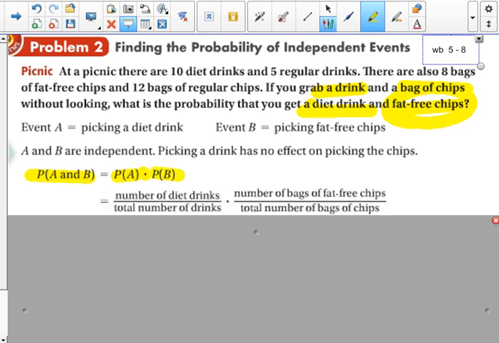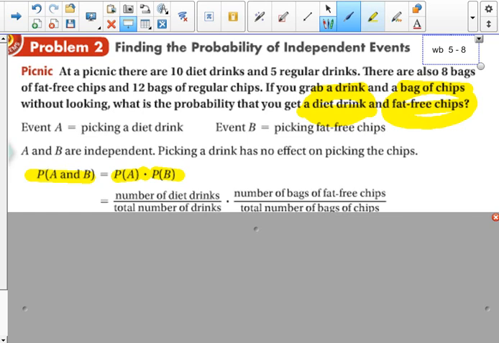So we're going to take the number of diet drinks, which was 10, over the total number of drinks. There's 10 diet, 5 regular, so 10 over 15. And then the number of bags of fat-free chips: there are 8 bags of fat-free chips over, and then there's 12 regular, so that's 20 total.